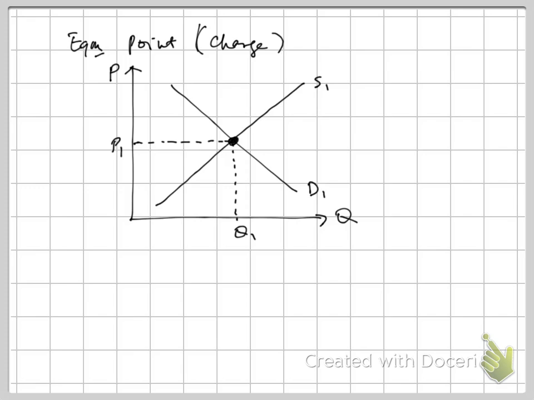Any change in demand or supply, which is a shift of the curve, causes equilibrium price and quantity to change. And remembering the shift factors will be handy to explain these things easily.